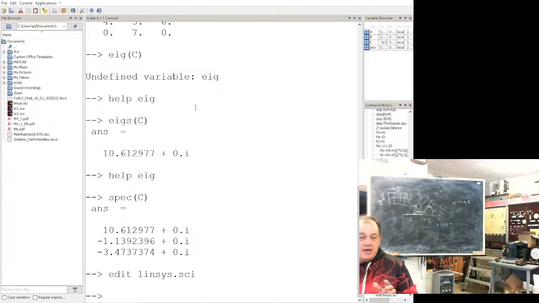Here, if I do not specify clear, variables are kept. Here is a matrix. You can see I'm tricky. I took a matrix with diagonal dominance.